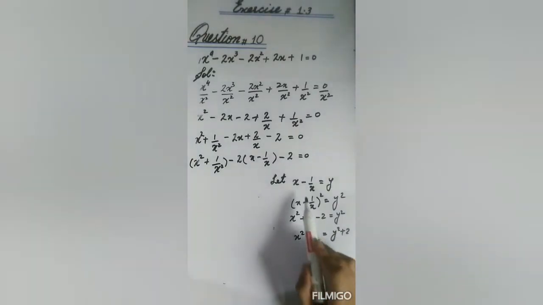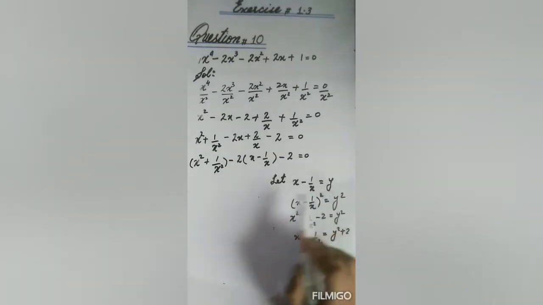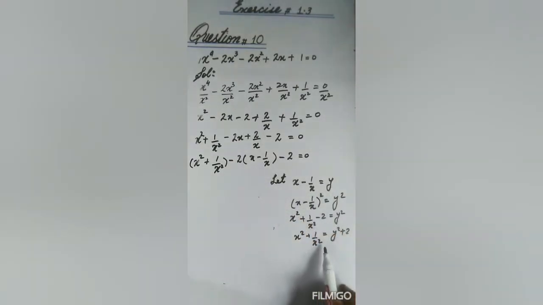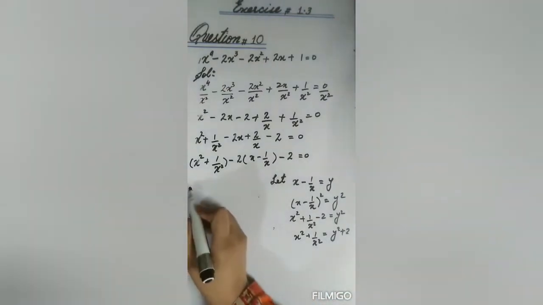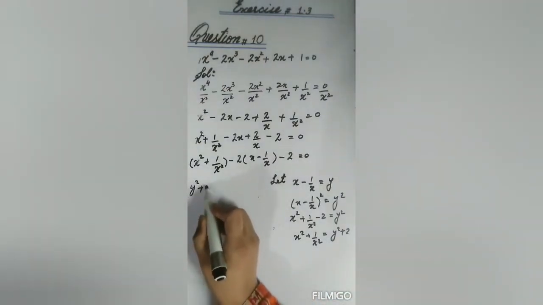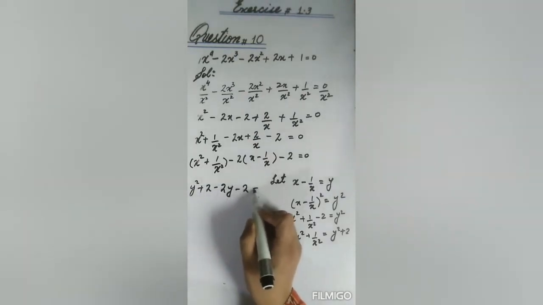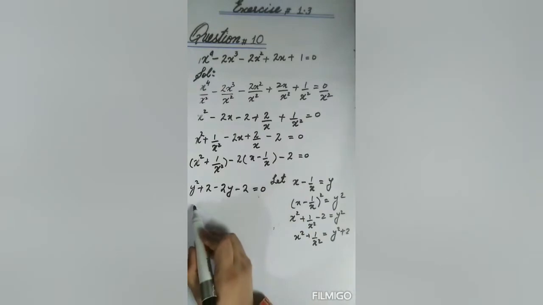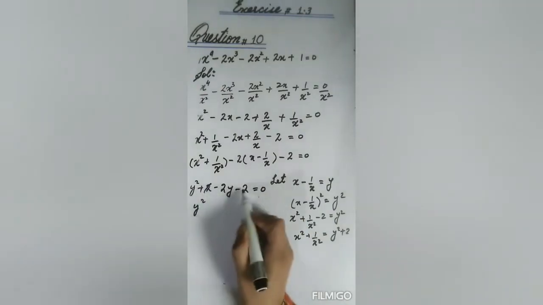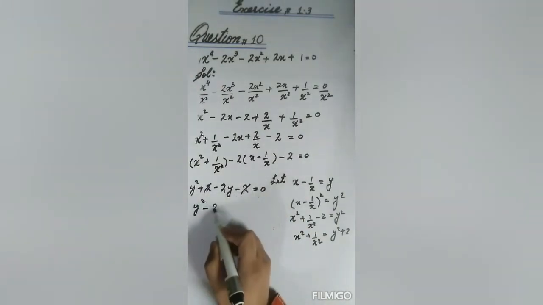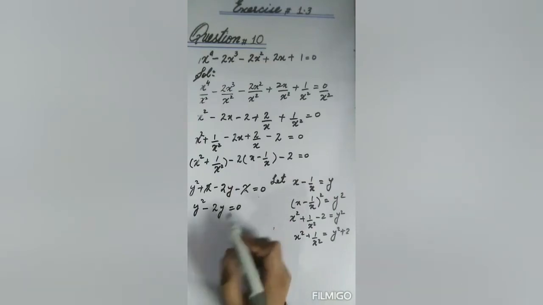Now I will put these values in the equation. X minus 1 over x is y, and x square plus 1 over x square is y square plus 2. So put here y square plus 2 minus 2 into y minus 2 equals 0. Now y square plus 2 and minus 2 will be cancelled. Y square minus 2y equals 0.